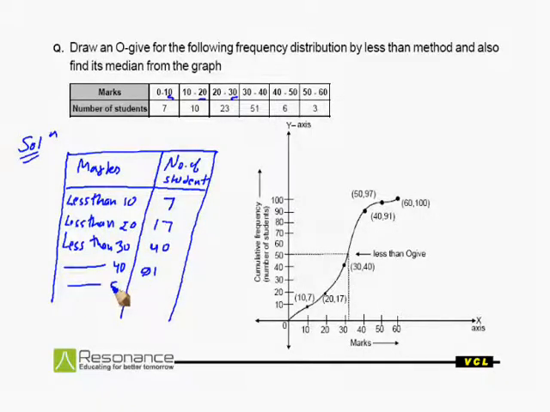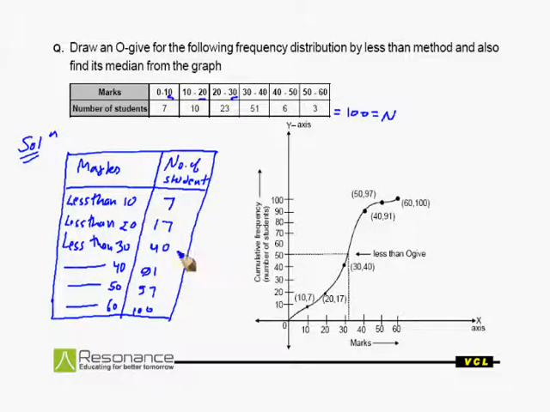Marks less than 50, the frequency is 97. Marks less than 60, the number of students is 100. As we add all these numbers of students, the total number of students is 100, and the total number of students is represented as capital N, that is the sum of frequencies.